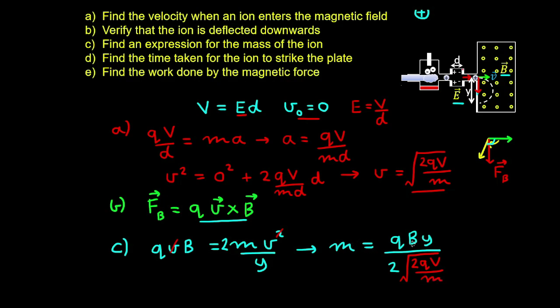And now we'll square both sides. So we'll get rid of the square root, and 2 becomes 4. And we have q squared by B squared by y squared, and m squared on the other side.